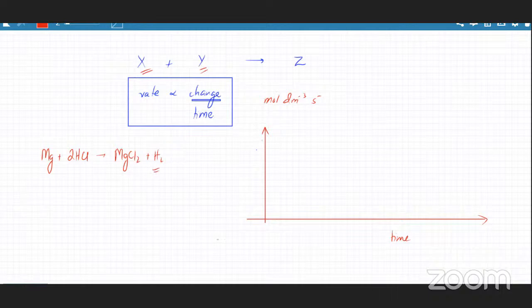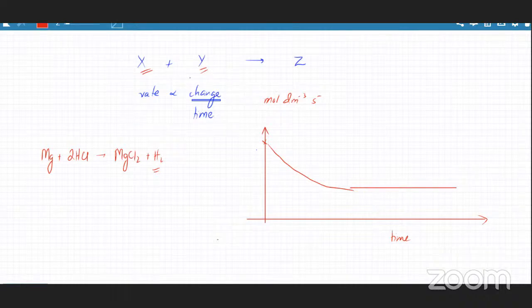So if I plot mass, the graph will constantly decrease, and eventually at a certain point it would become constant. Constant means the reaction has stopped.